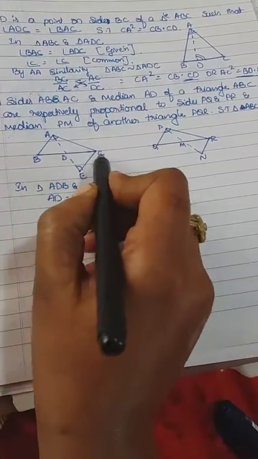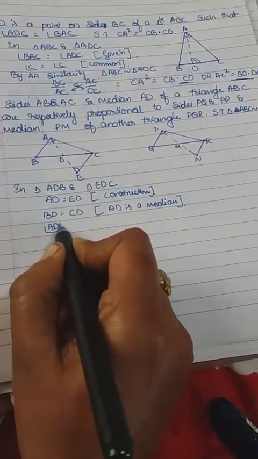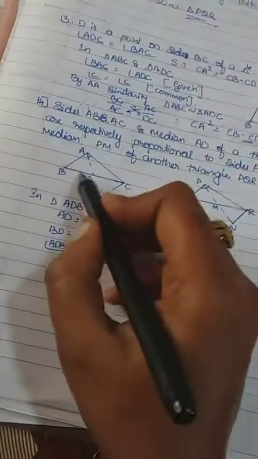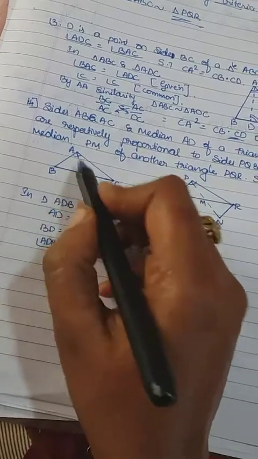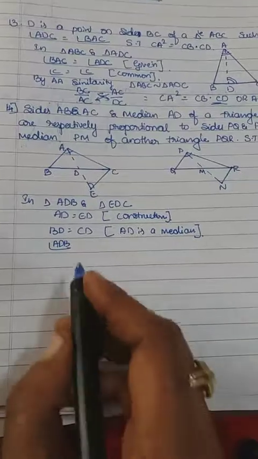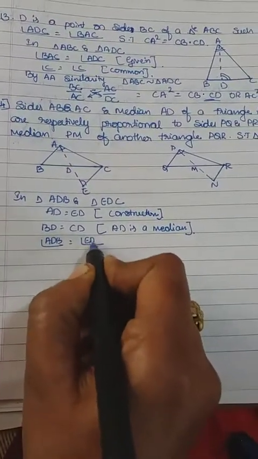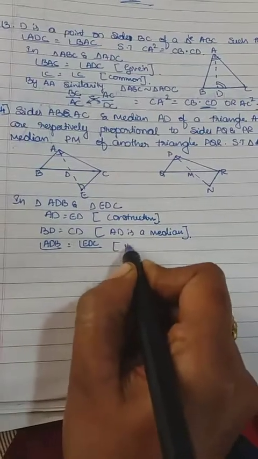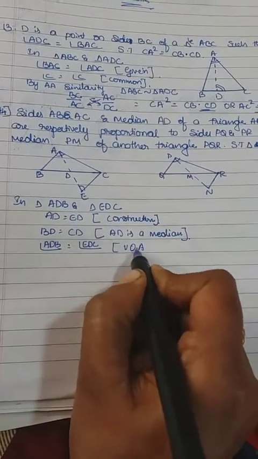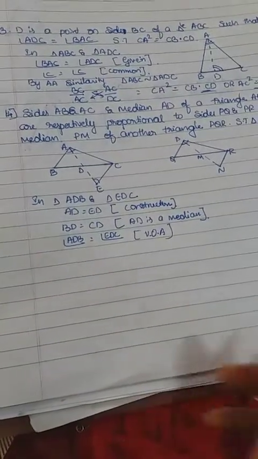Angle ADB equals angle EDC, however we can write it. They are vertically opposite angles. VOA means vertically opposite angle.